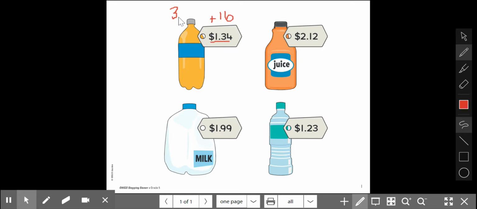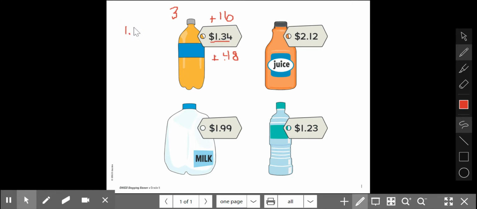And if I have 3 of these, 3 times 16, what I'm going to be doing really is adding a total of 48 cents to get that nicer, rounder number. So what I'll have to do in the end is subtract 48 cents away. So let's just do that.